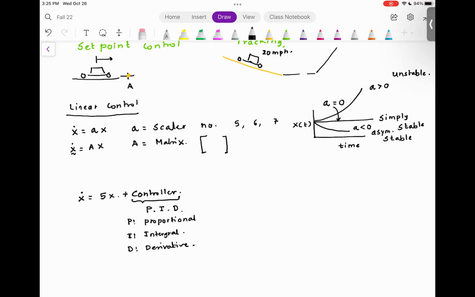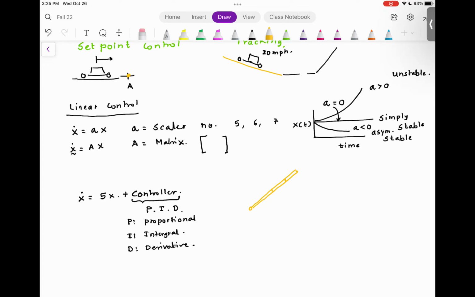So I have a controller that I'm using to control this system, which is given as x dot is equal to 5x. And this could be maybe a simple system like a temperature probe. And this temperature probe needs to be controlled.